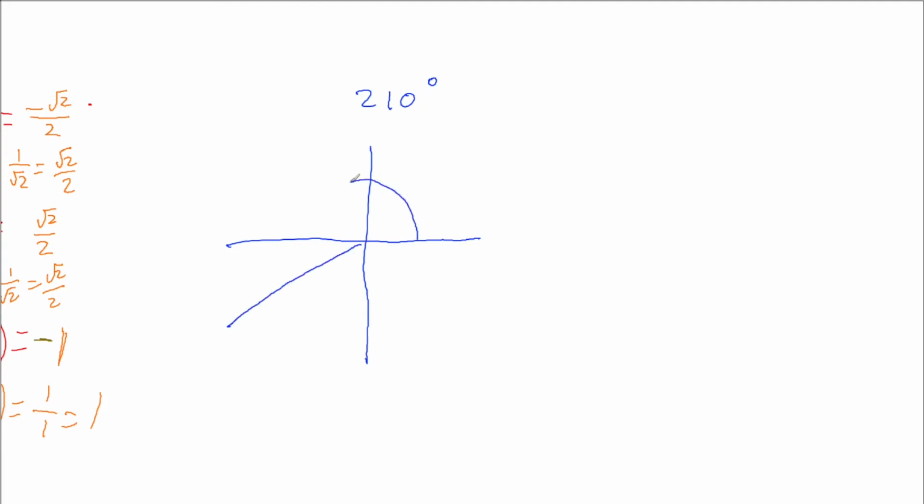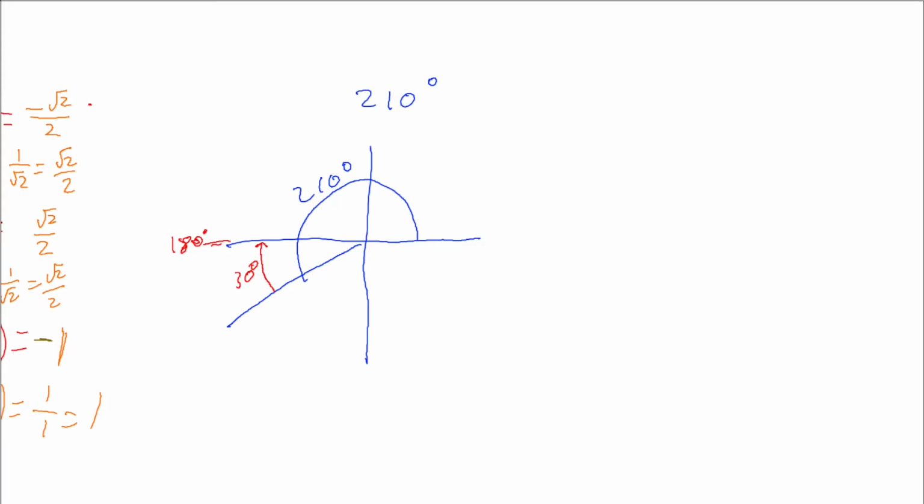So that's our rotation around of 210 degrees. But to know what to play with, I need to work my angle back towards the nearest x-axis, which is that one there. This line here is 180 degrees, a rotation of 180 degrees. 210 minus 180, that'll be 30 degrees rotation.